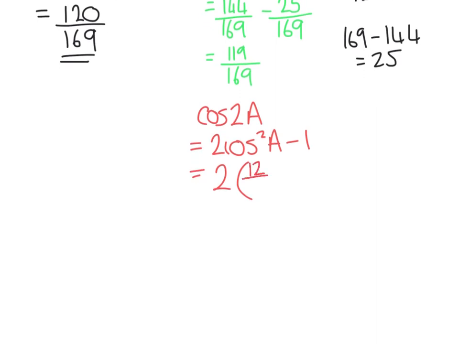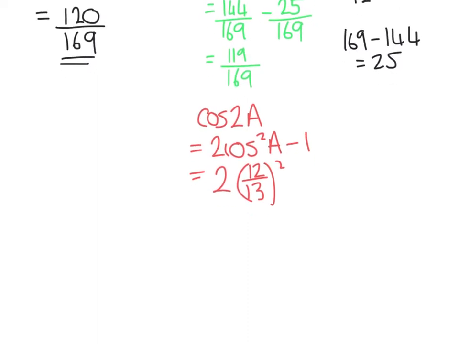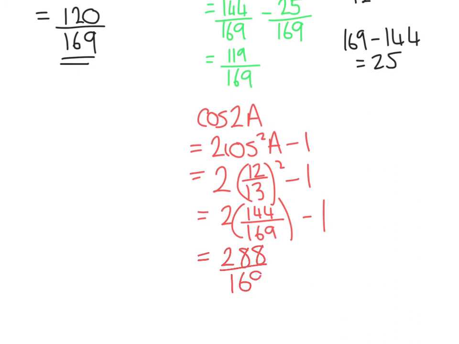So that's 12 over 13 squared minus 1. So that was 2 times 144 over 169, take away 1, which is 288 over 169. And I'm just going to change that 1 into 169 over 169. And then when we work that out, 288 take away 169 is 119 over 169.